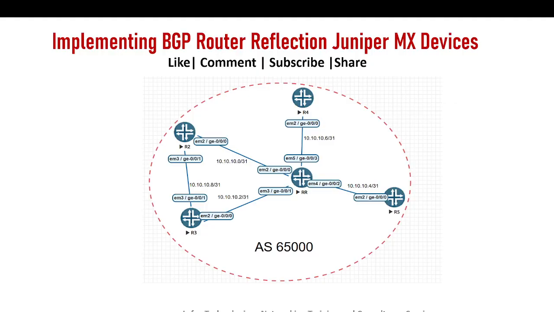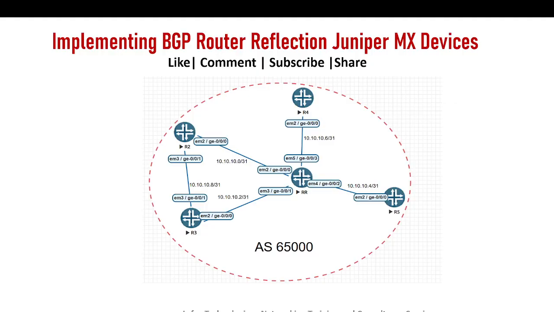So when you have BGP running, you will need to configure the BGP peering session between routers. And we know that BGP has the principle of split horizon to help us prevent loops in a network that is running BGP. So what split horizon does is if you receive a route from an IBGP peer, you don't advertise it to other IBGP peers.